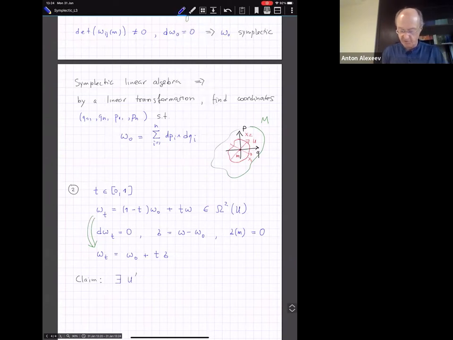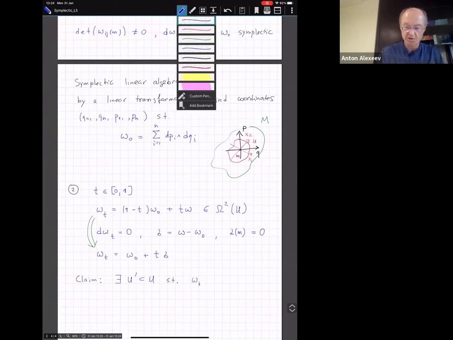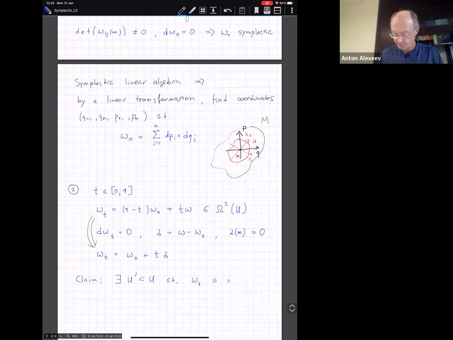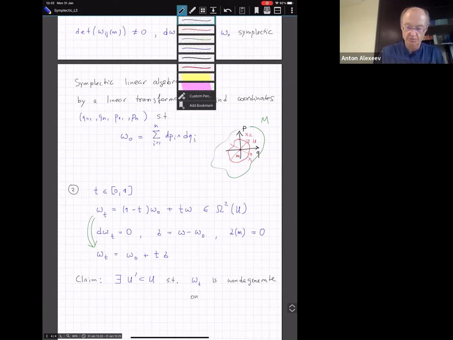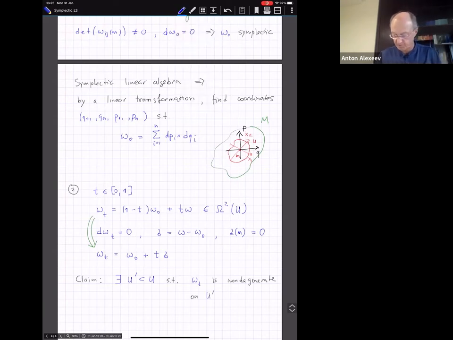There is a possibly smaller neighborhood, U prime inside U, such that omega t is non-degenerate on U prime for all t between 0 and 1.